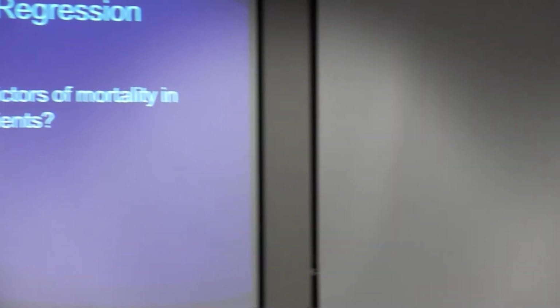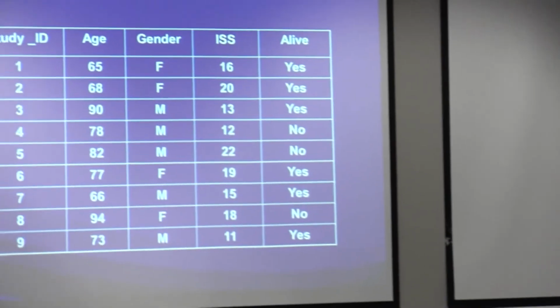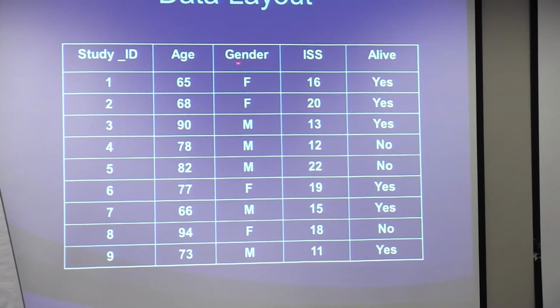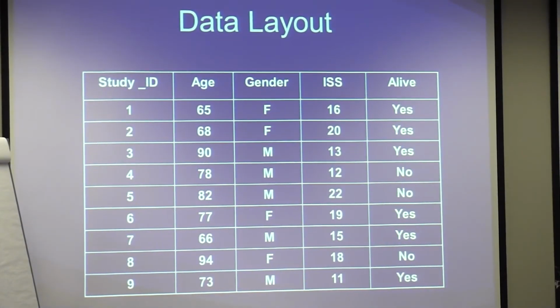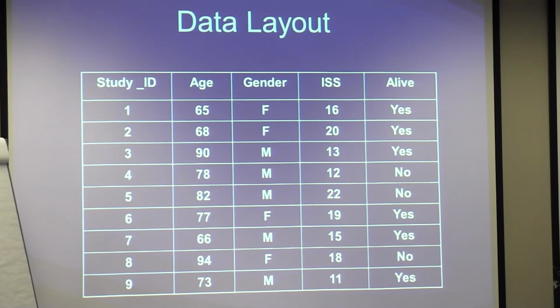He had some other things going on that I've left out for simplicity's sake, but this would be an example of data and some possible independent or predictor variables that you might look at with such a question. So you have age, gender, their ISS score, and then of course the outcome variable, being their mortality.